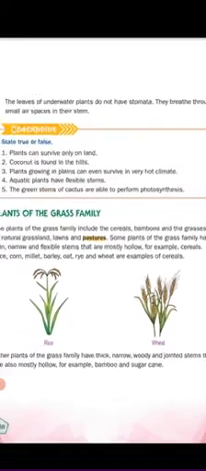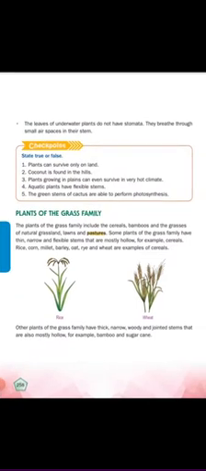So next, some plants of the grass family have thin, narrow and flexible stems that are mostly hollow. So some plants, how will they be? They will have thin, narrow and flexible stems. For example, rice and wheat. Some other plants will have thick, narrow, woody and joined stems.